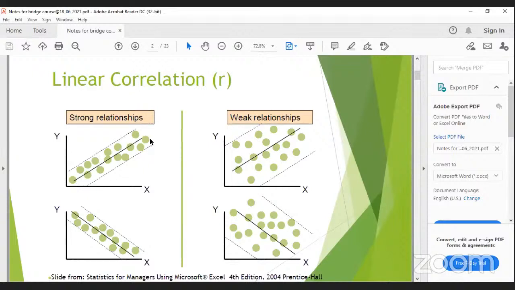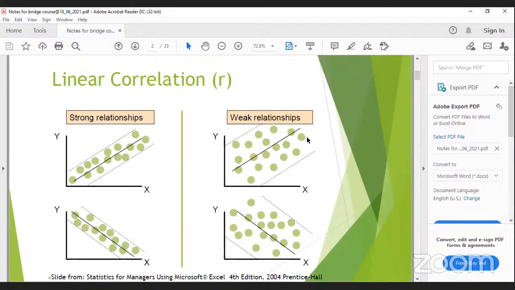This is called a scatter plot, where you can observe the points from the left corner reaching to the right corner. That means there is a strong relationship, which is actually a positive relationship. But if you look at this one, this is also a strong relationship, but it goes from the top left corner down to the right, because the majority of points are on the line.